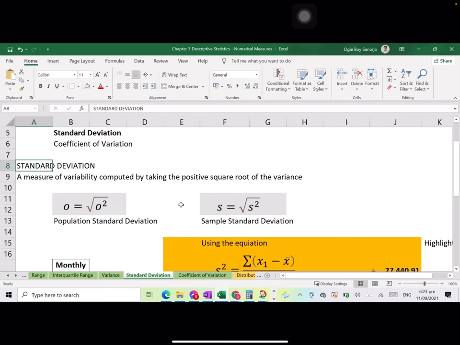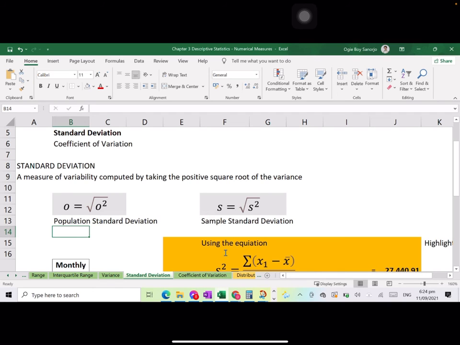So we have here, alam naman natin yan. For population standard deviation, since our variance for population is symbolized as sigma squared, to get the standard deviation of population, we need to square root that sigma squared, no?